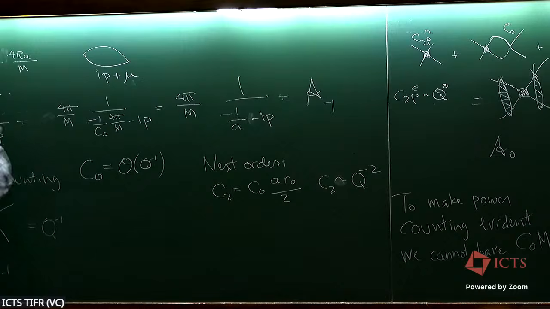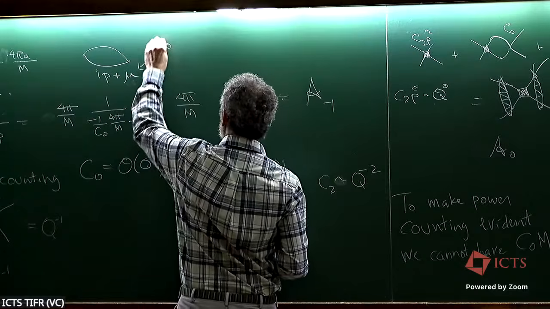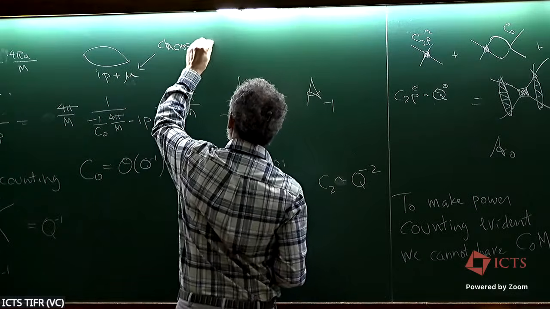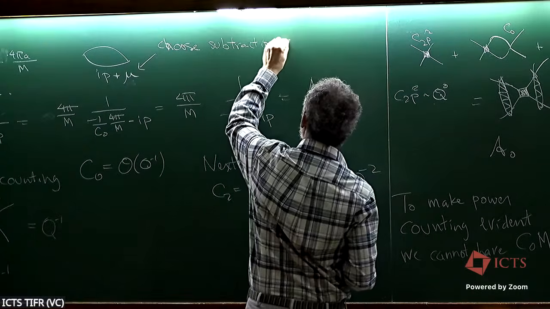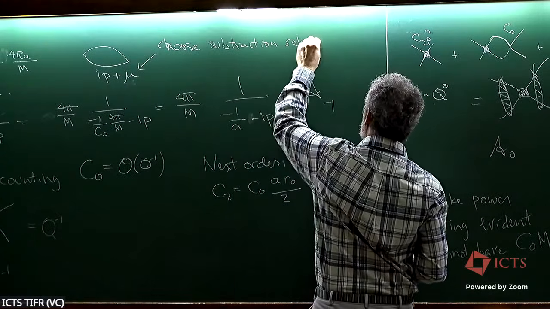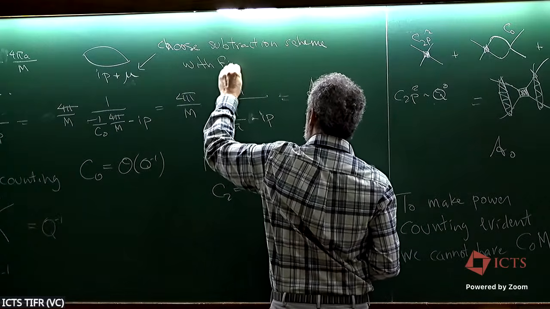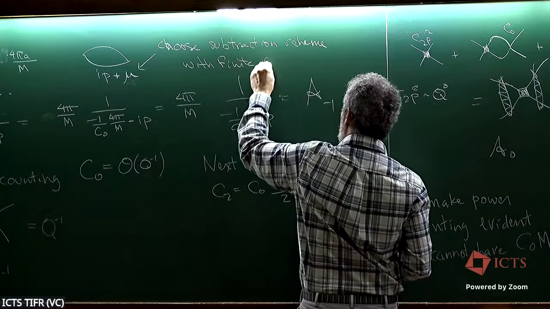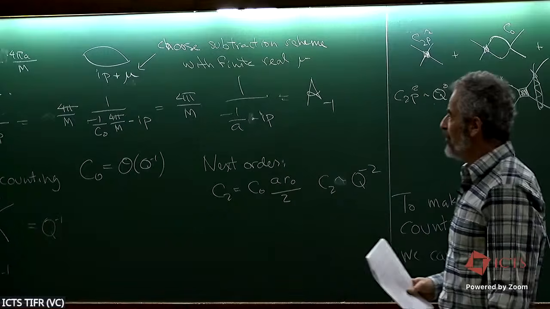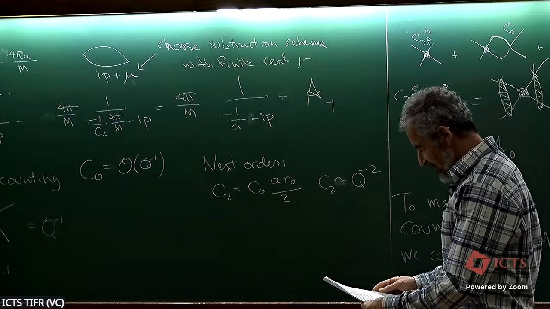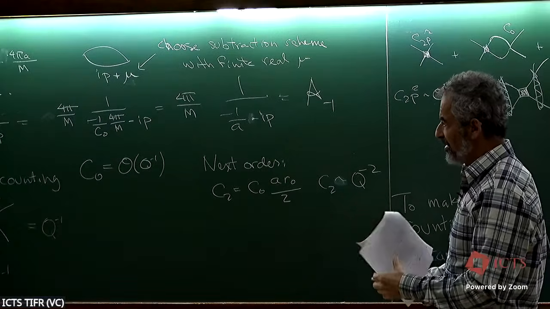So let's just see, if I choose a subtraction scheme, and notice it's real, it's not imaginary like the IP term, mu, then you can go back and figure out what C0 has to be.